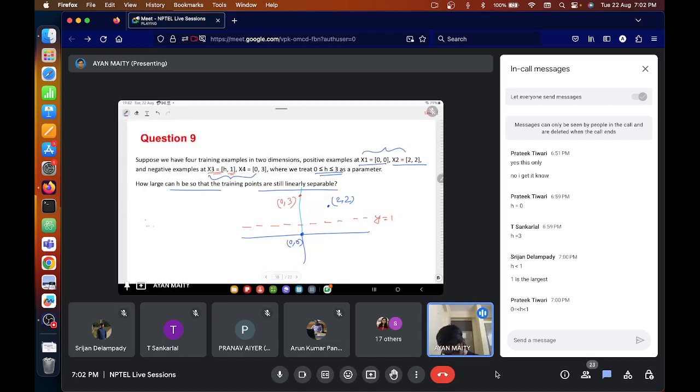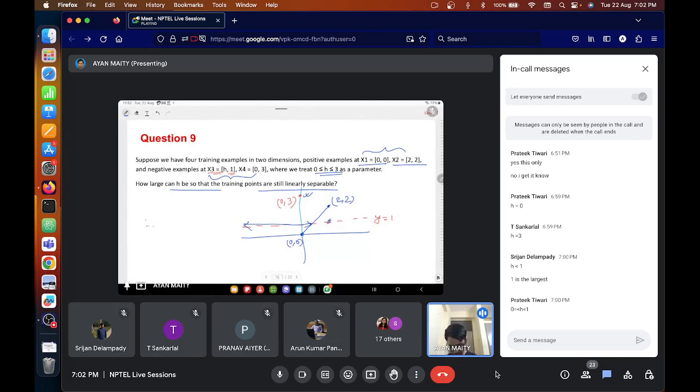This is the line if we join the x1 and x2 points, 0, 0 and 2, 2, and this is the negative example here. So x3, which is h, 1, has to be anywhere in this region, isn't it?